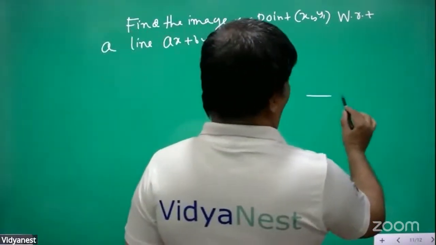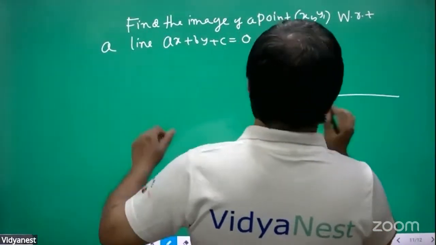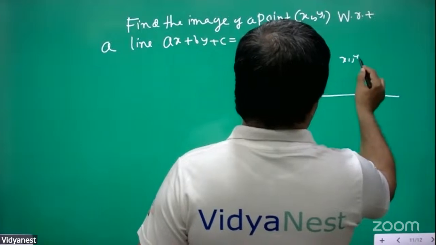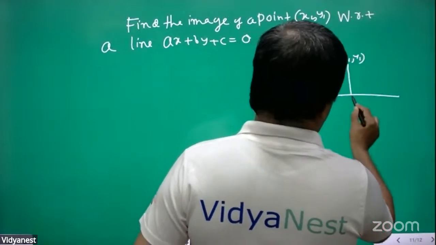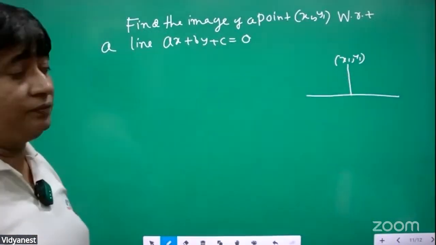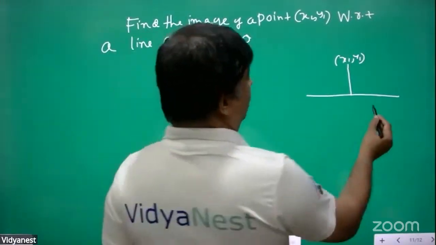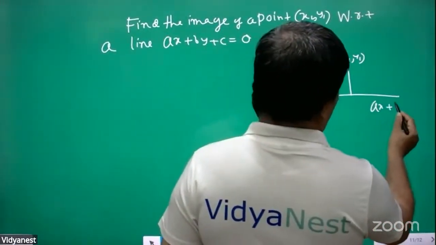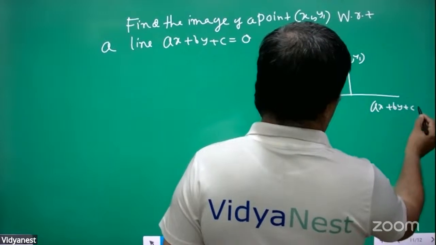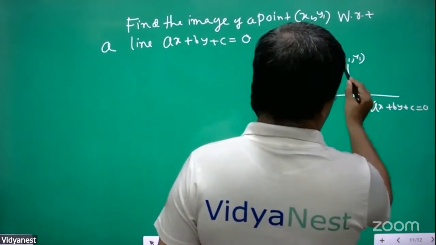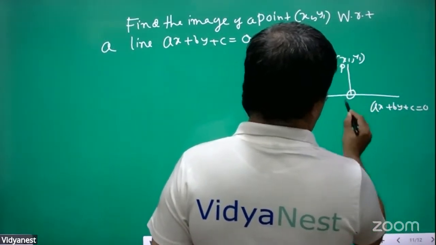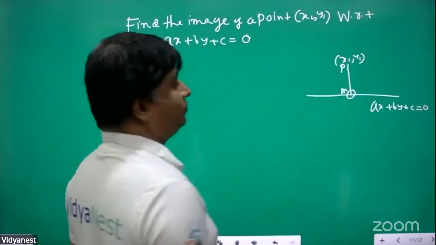Suppose there is a point, there is a line given; we will drop a perpendicular. This line is ax plus by plus c. We will get the foot of the perpendicular, M, suppose.